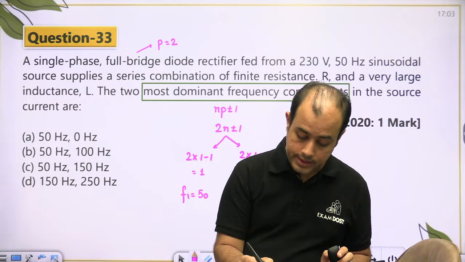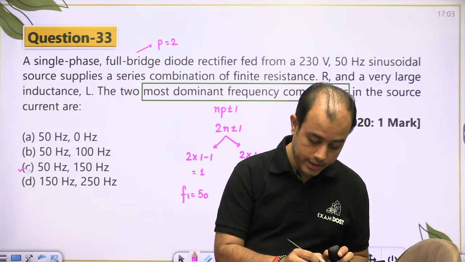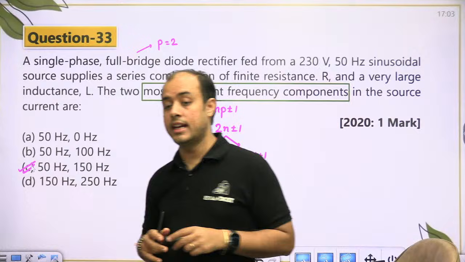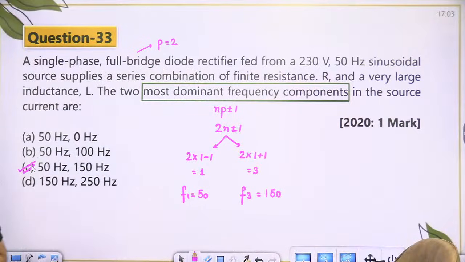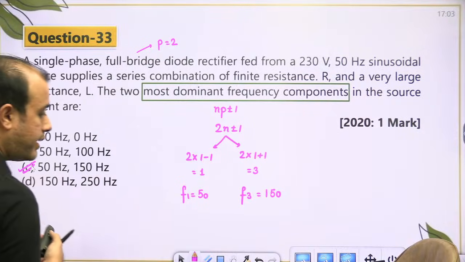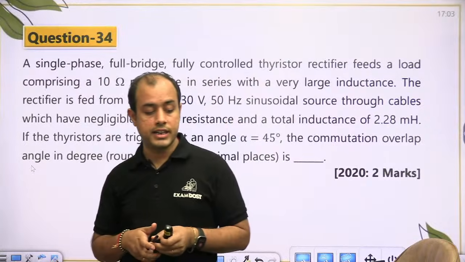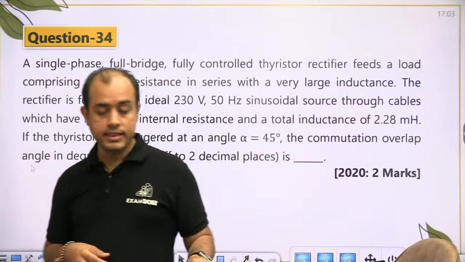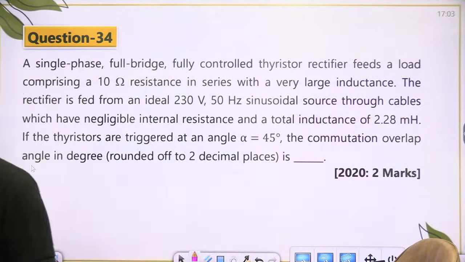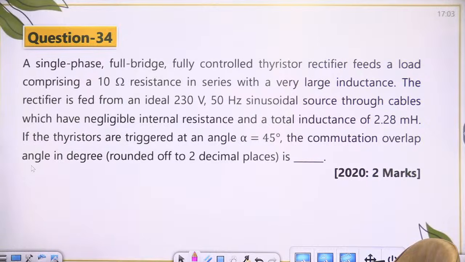It never said that you need to tell harmonics. You just need to tell me the dominant frequency. The most dominant frequency on AC side is always fundamental. Nothing is bigger than fundamental. Now try this question. I want you to find the overlap angle mu. बनाइए.